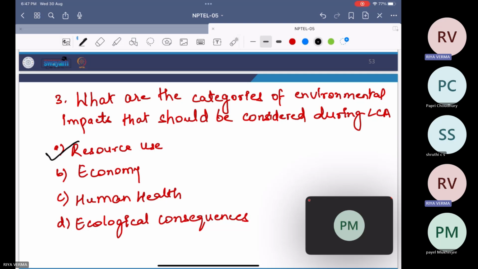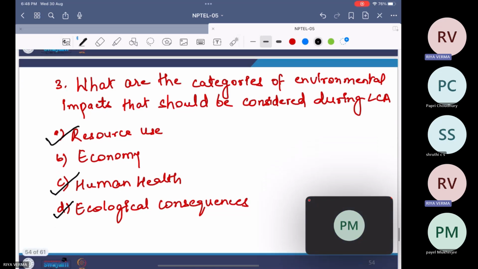What else do we consider during the LCA process? We are also concerned about the impact on human health, right? This was one of your endpoints during the life cycle inventory assessment. Then we are also concerned about the ecological consequences, right? So these three will be the categories that we consider during LCA.